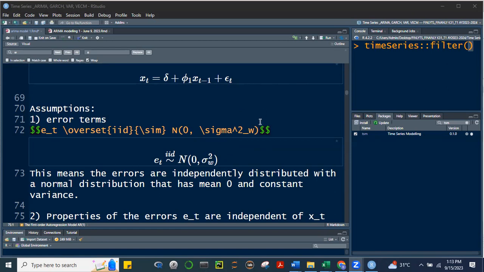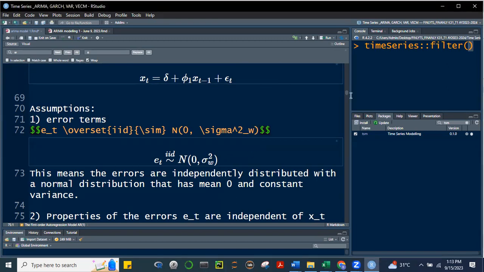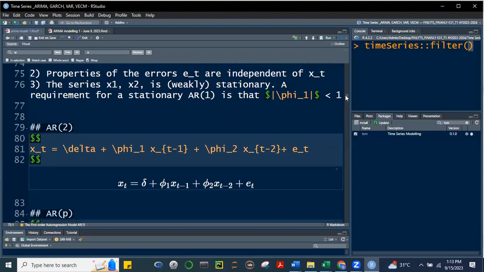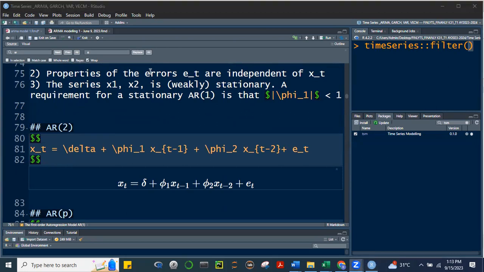Okay, so we also looked at what an AR2 process will look like. Well, as the name suggests, autoregressive order 2. Order 2 means that you have lag 2 and lag 1. So these are your coefficients, phi2 and phi1. Now, you have to research, class.